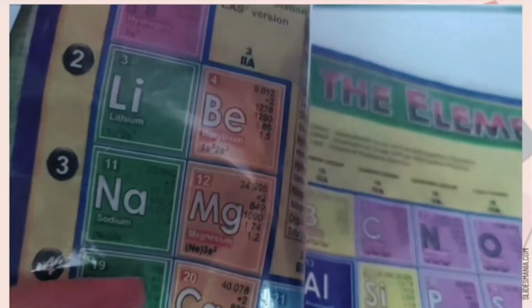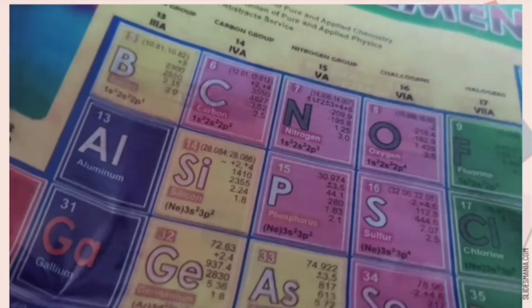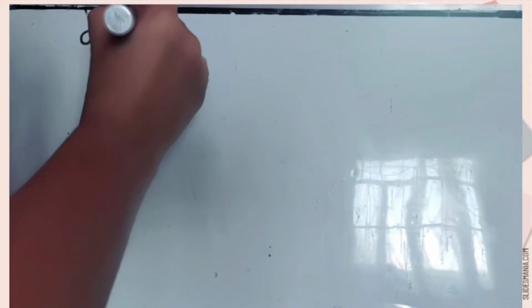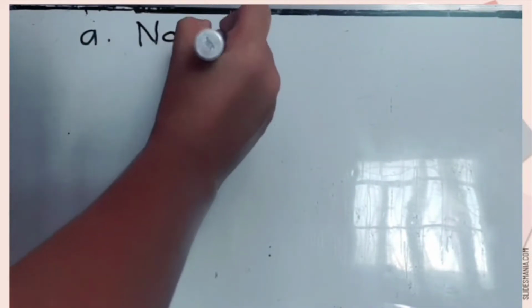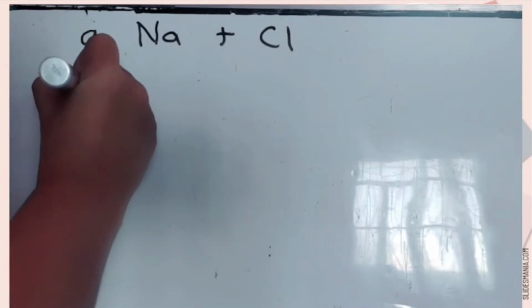So for example, I choose sodium from metal and then chlorine from non-metal. So that is the first step. So sodium and chlorine. Second step, take note of the electronegativity value of both elements.